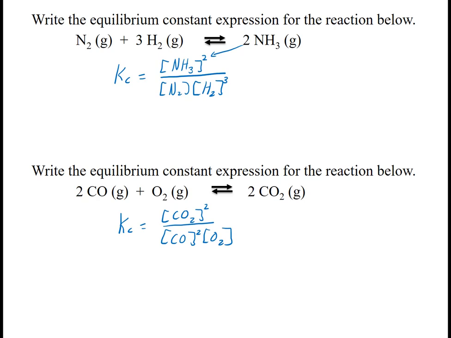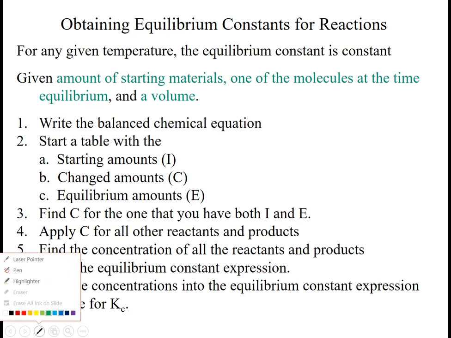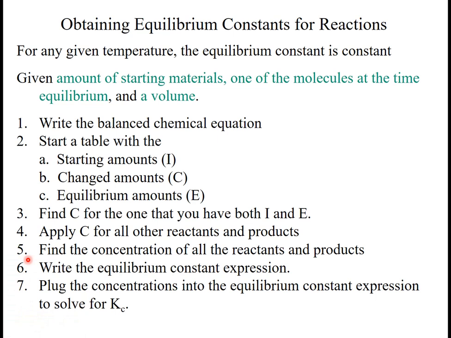Now we're going to actually be using this process to obtain equilibrium constants for reactions. What I have here in green is what is given in the problem. I try to do this for the entire chapter, highlighting how these problems are different.